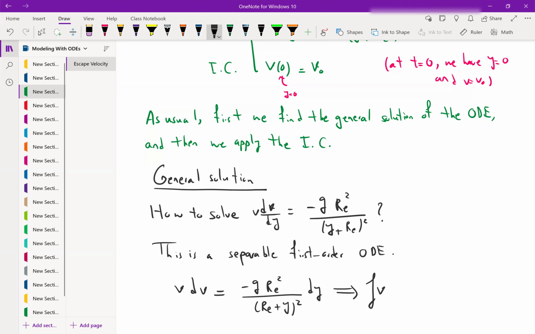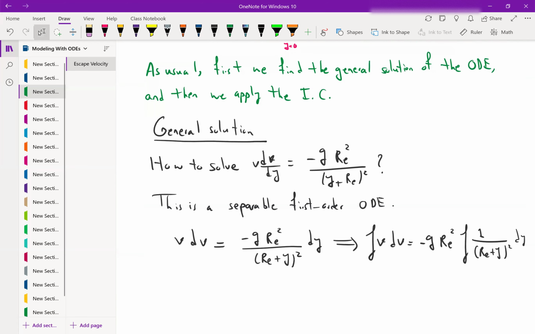So the integral of v dv is equal to negative g re squared, which is a constant, so I'm going to put it outside in the front, and then the integral of 1 over the radius of Earth plus y squared dy. This is a very simple integral, with a very simple substitution. The integral on the left is also very easy.